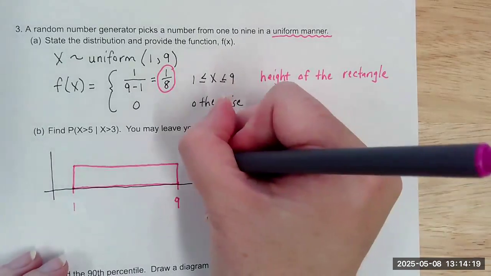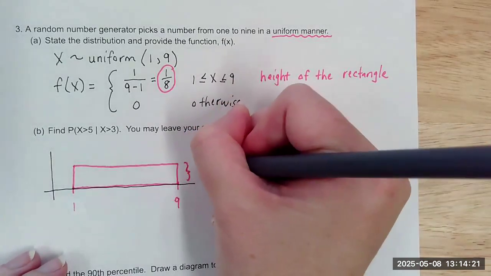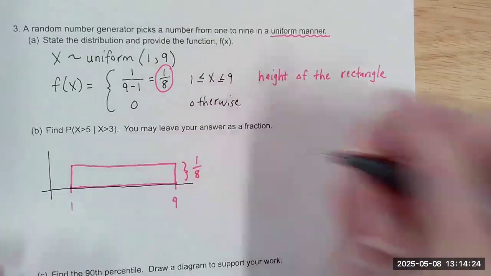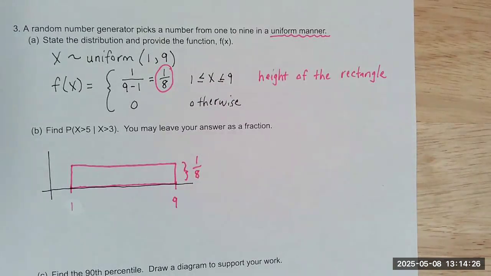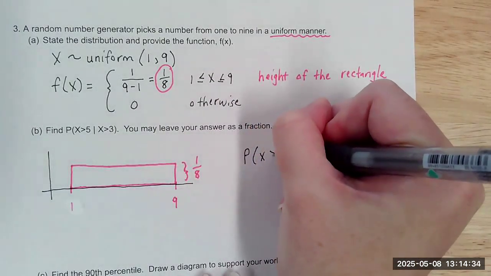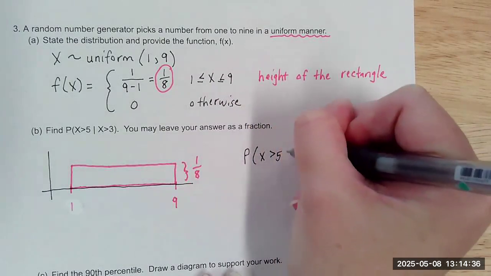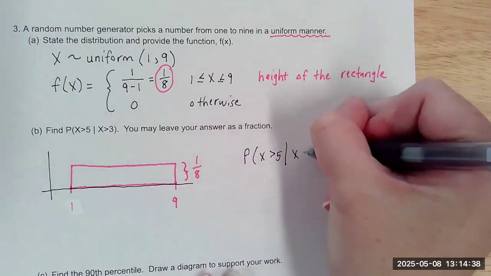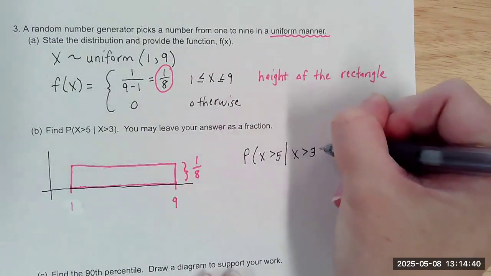The height on that rectangle is 1/8. And you're going to have a numerator and a denominator for your probability that x is greater than 5, given x is greater than 3.